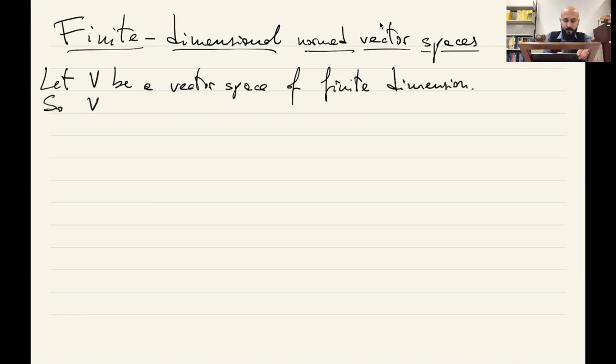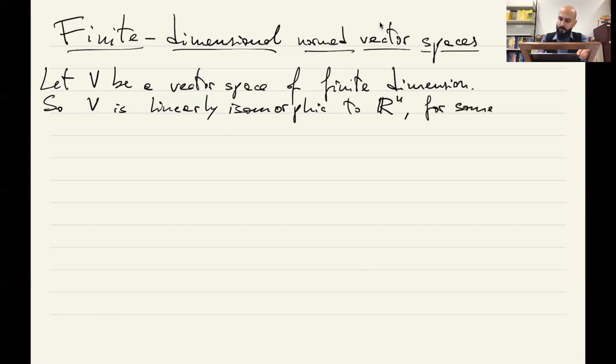So V as a linear space, as a vector space, is linearly isomorphic to R^n. We have the choice of a basis, where n is exactly the dimension. But of course, there are several norms on R^n.